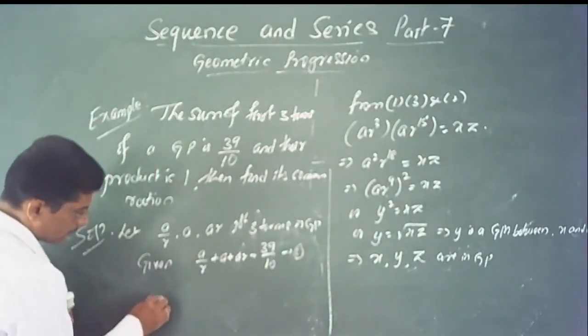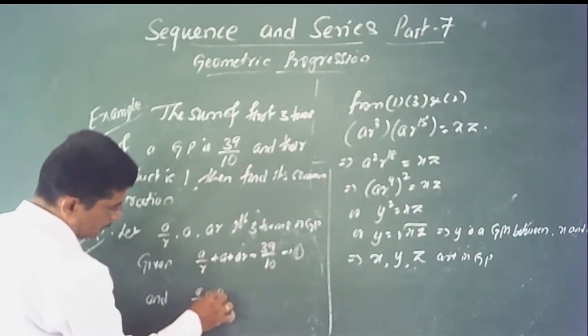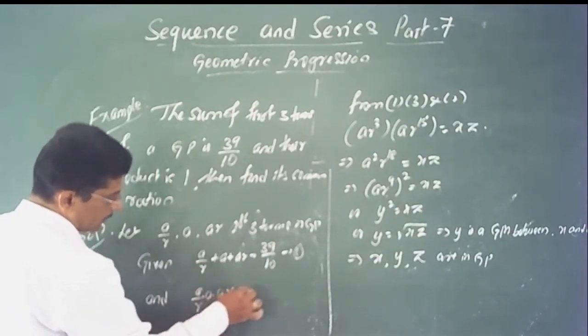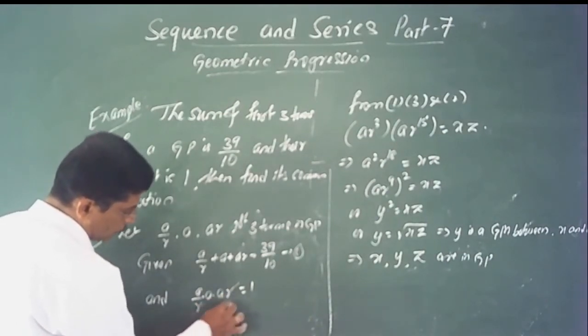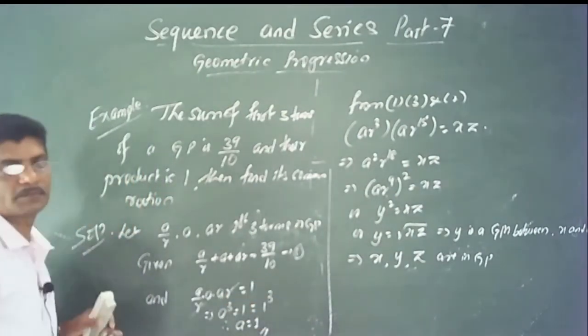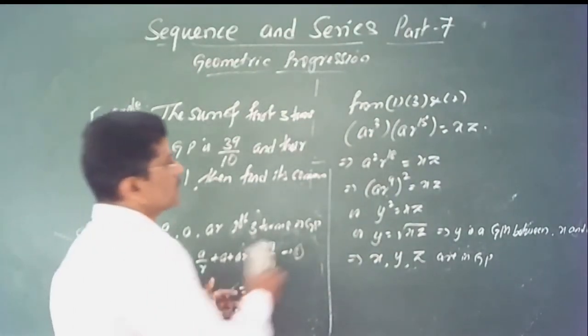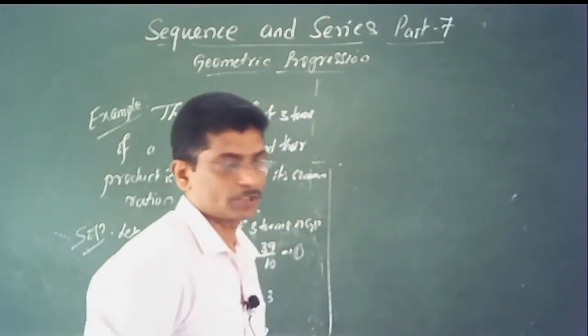Also given that the product is equal to 1: A by R into A into AR is 1. Here R and R cancel. It implies A cube is equal to 1. 1 can be written as 1 cube. Therefore, the first term A is equal to 1. Is it clear? Here we found the first term, next we find the common ratio.